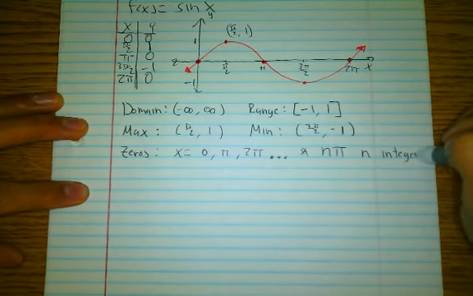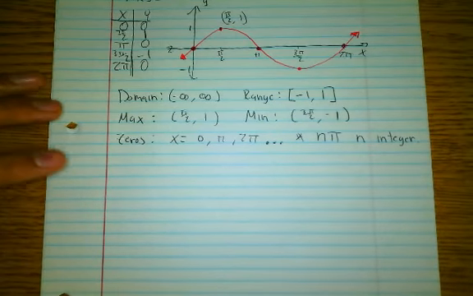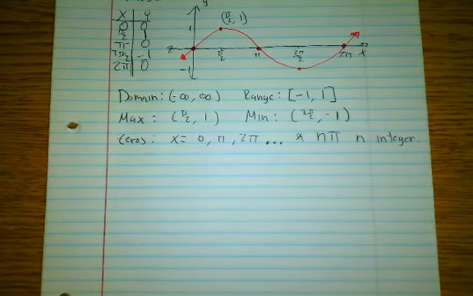Do you guys agree? I can put in any integer in there and that would be a 0 for the parent function. Okay? So without having to check or graph, you can be 100% sure and tell me that 1000 pi would be a 0. Right? Without having to do any math on the parent function. Cool?